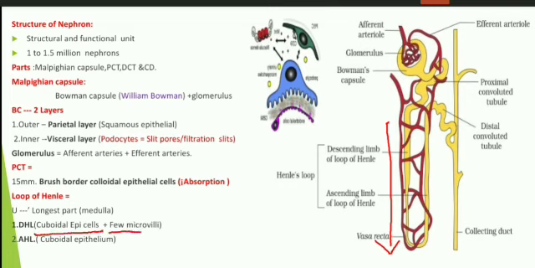They also have a few small microvilli. They also help in absorption as well as secretion. Next, this descending limb runs in an upward direction towards the cortex, and that is known as the ascending limb. This ascending limb is also made up of the same cuboidal epithelial cells.